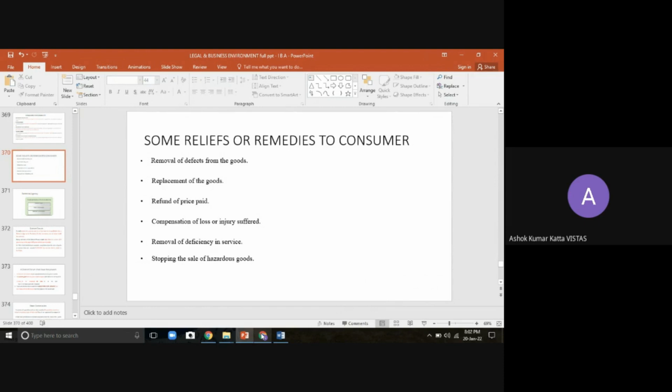Example, like an air conditioner installation. When you go for an air conditioner installation, you call a service boy. The service boy came from the company and said, you need to bring some 15 bricks, you need to bring wooden things, then only I will come and do the service. Okay, finally I bought everything and brought it to my home. At the same time, the serviceman worked incompletely, as per his wish.